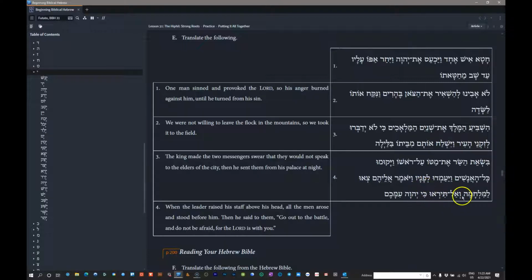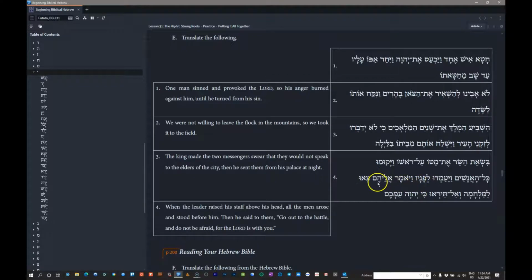Ki. Why should they not be afraid? What's the reason? What's the explanation for them not being afraid? Ki Adonai imachem. Adonai is with you all. All right, so when the prince lifted, or in the prince's lifting of his staff over his head, all the men arose and they stood before him.